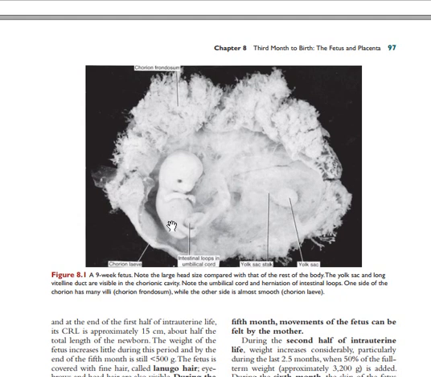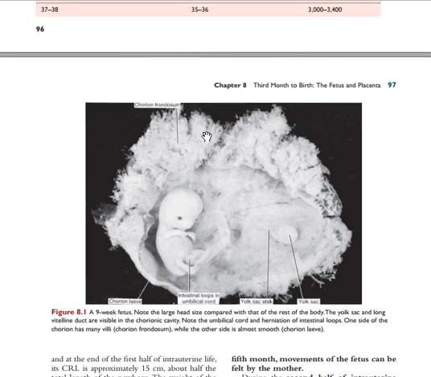Then, when implantation has gone further and the syncytial trophoblast has been exposed to the maternal blood supply, the chorion can now be formed, which is going to produce the placenta later, from the second trimester. And when the placenta is formed, it is going to supply the child through the umbilical artery.